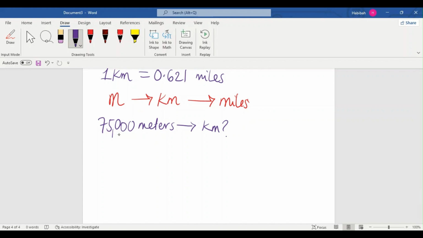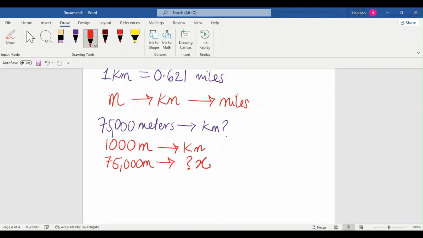Remember that 1,000 meters gives 1 kilometer. Hence, 75,000 meters would give how many kilometers? Let's say the unknown is x.